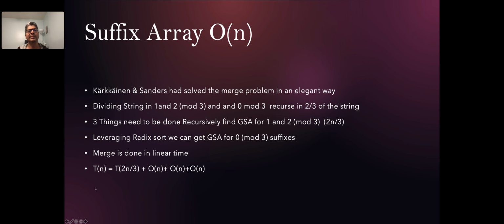For doing it recursively, I do this, and then if I can merge in linear time, and I show that we can, in fact, using the radix sort, from the GSA of 1 and 2 mod 3, we can just apply one radix step and get the GSA for mod 0.